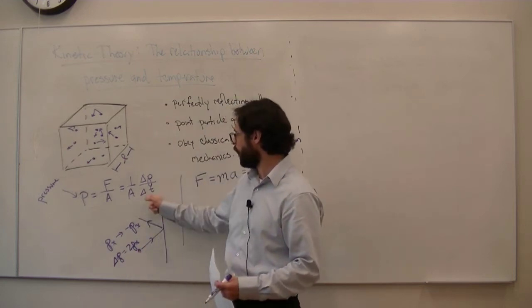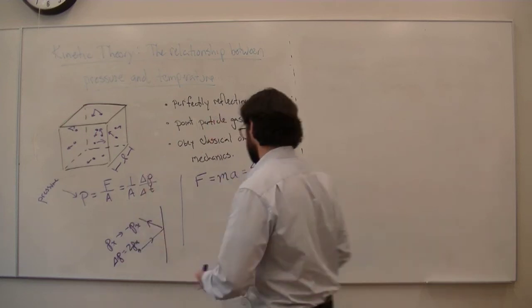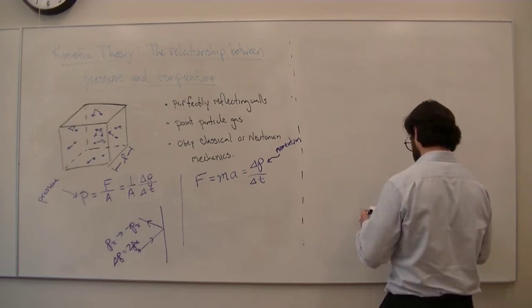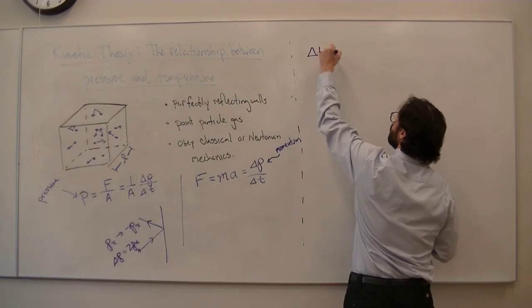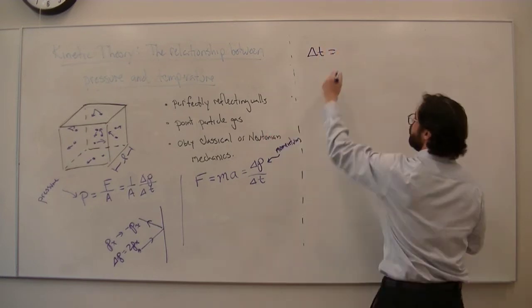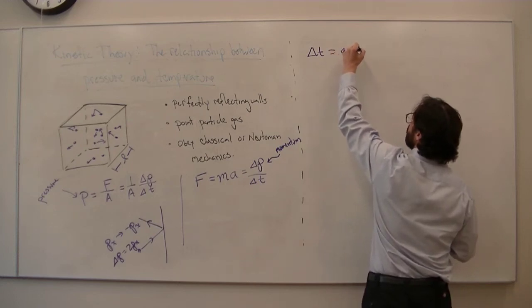All we've got to figure out is how frequently we collide with the walls. How frequently a particle collides with the walls is delta t, and that is the last little bit. So what is delta t? In a statistical average sense, this is the average time between collisions.